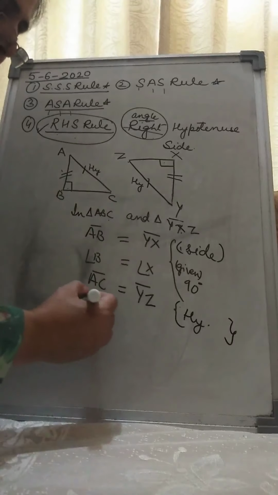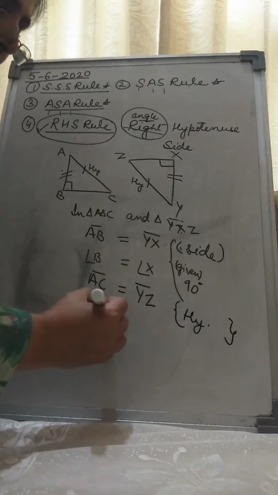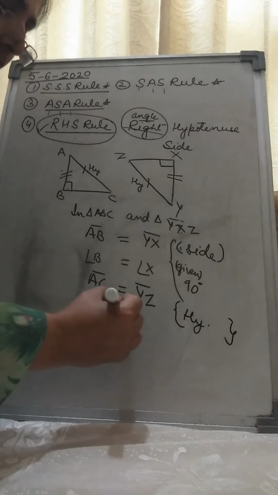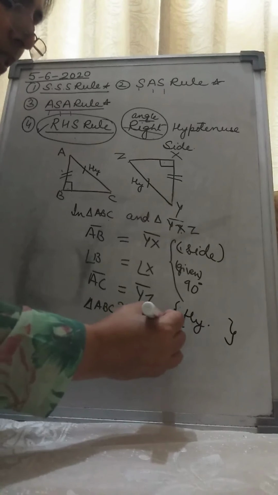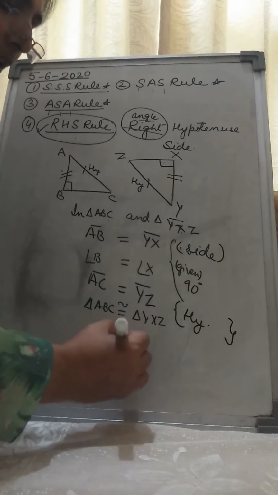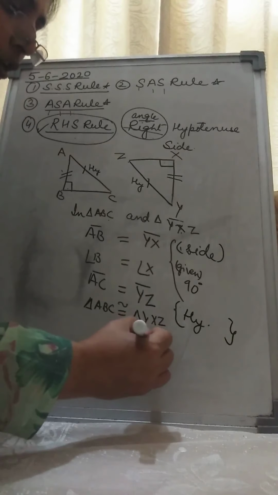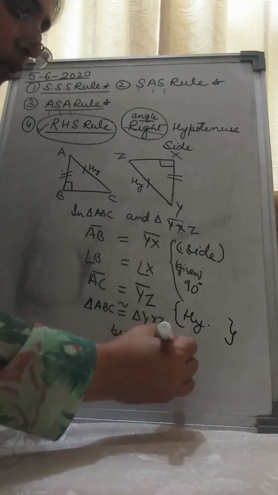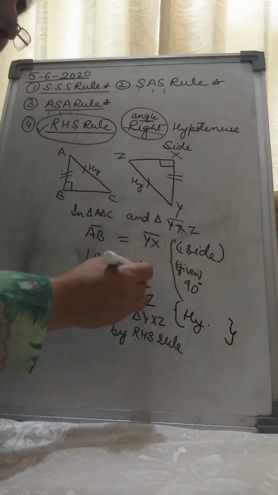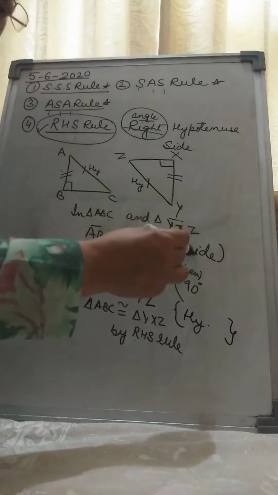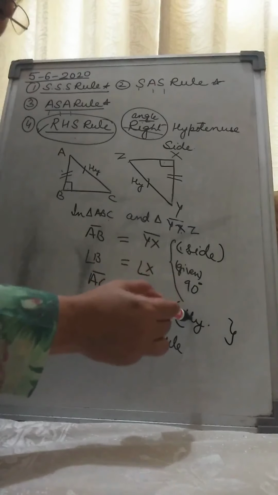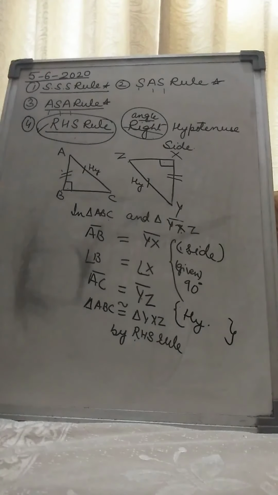Now in this manner, triangle ABC is congruent to triangle YXZ by RHS rule. Right angle is there, hypotenuse is there, and then this is the side. So right, hypotenuse, side. Understood?